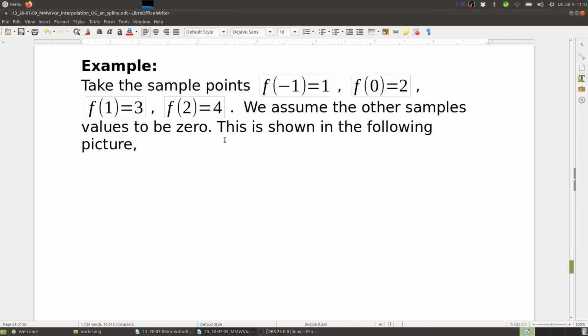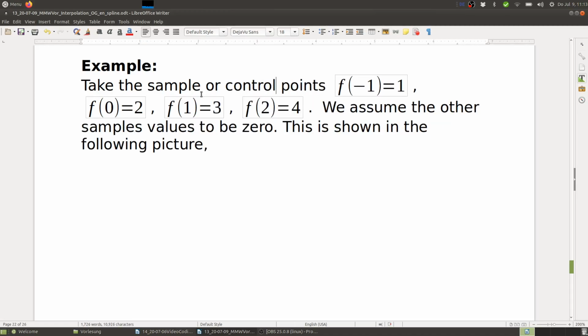Yeah, here's an example. Take some sample points or control points: 1, 2, 3, 4. So this might be, for instance, a coordinate value in a movie.